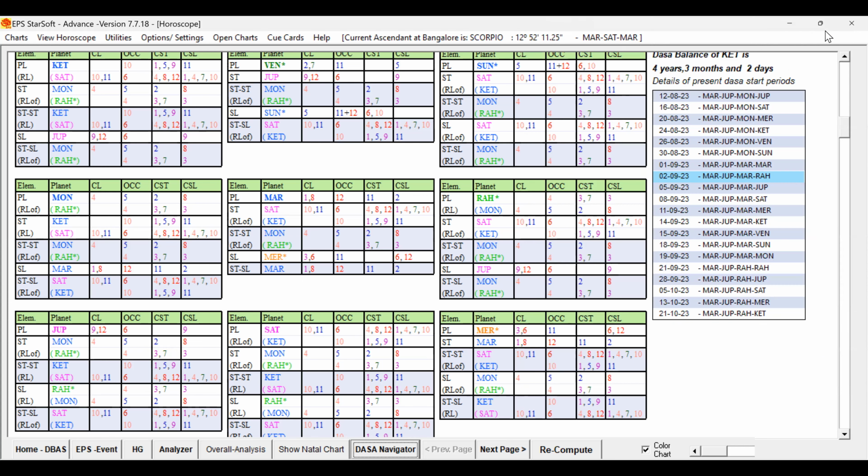So what I'm trying to say is that at the time of marriage timing, the transit of the Dasa Bukti periods, the sign lord and star lord and also the sub lord, will be either directly the key planet in the natal chart, or in the star of the key planets of the natal chart, or the star lord may be in the star of the key planet.